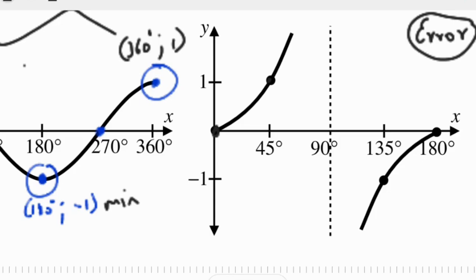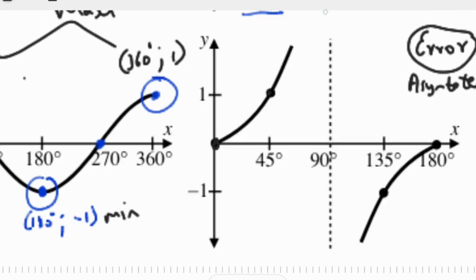And then you know with functions, just like with your hyperbola, if we get an error, it is an asymptote. So this is the asymptote. That is where the graph does not exist, and we indicate that with a dotted line. Okay, there we have our vertical asymptote, which is indicated by a dotted line on the 90 degrees, and then 135 gives us a y of -1. 180 gives us a y of 0.